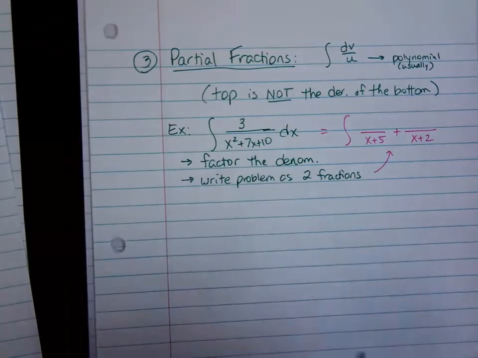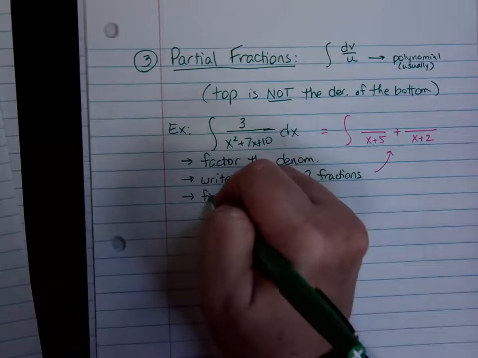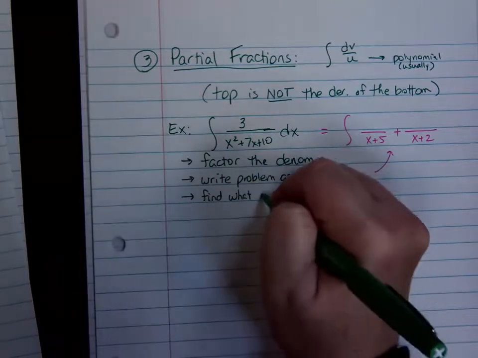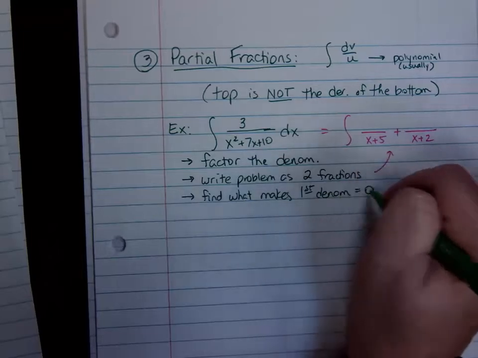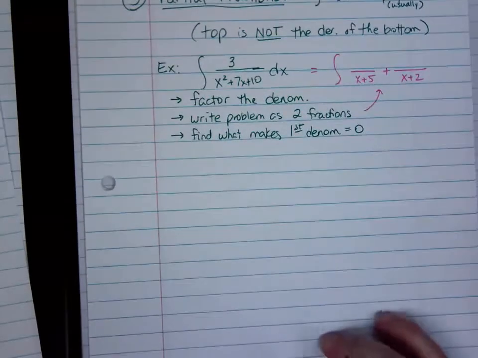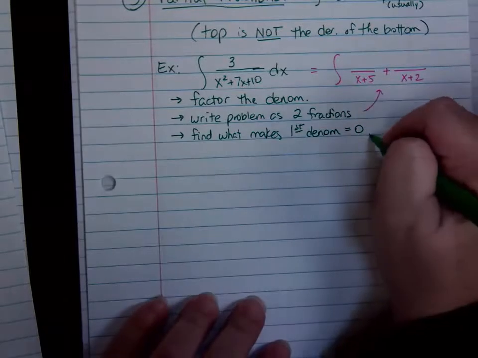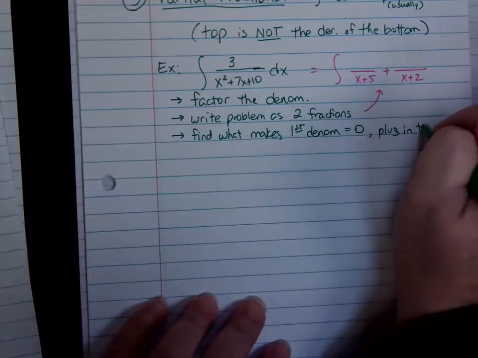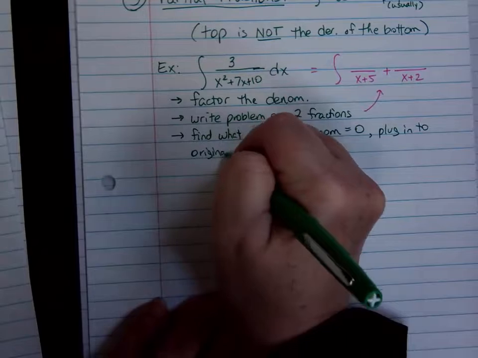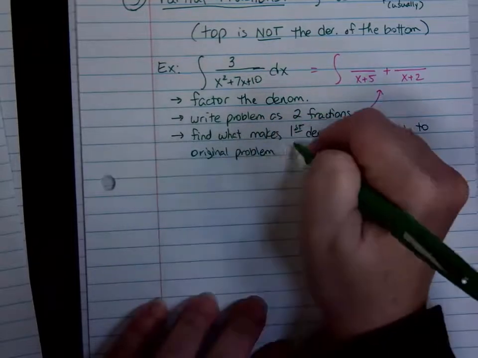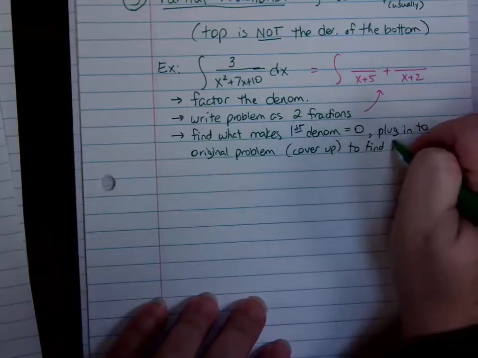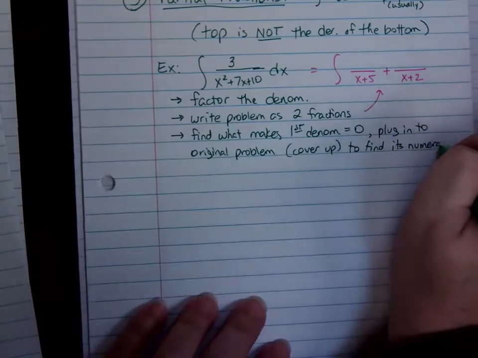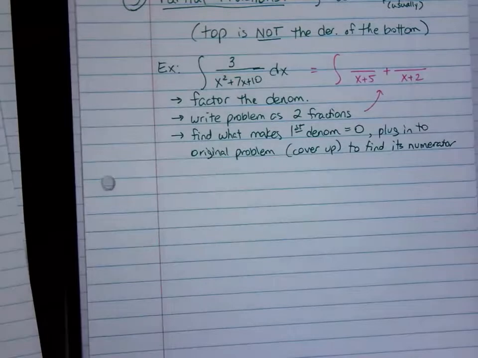So, the next step is find what makes the first denominator equal 0, and then plug in to the original problem, and I'm going to put in parentheses, cover up, because you'll know what that means, to find its numerator. And your numerator will always be a constant.